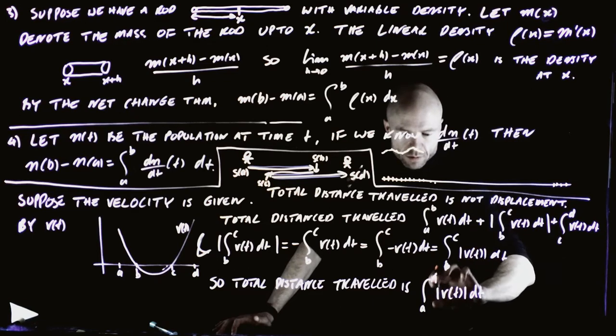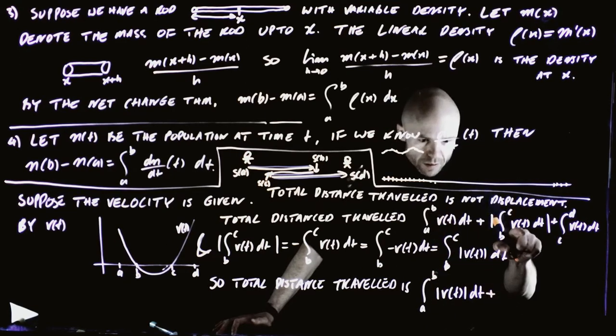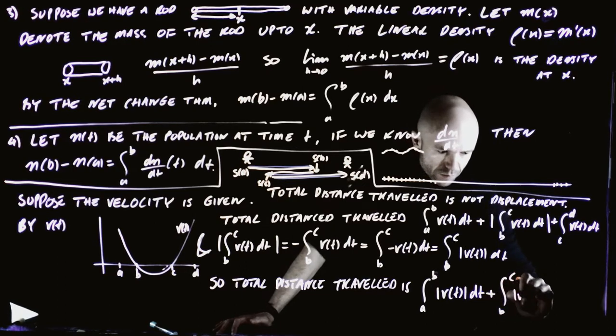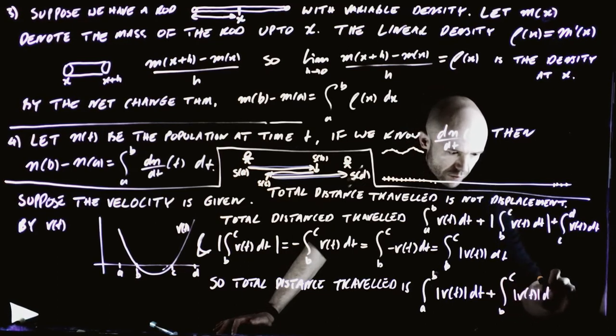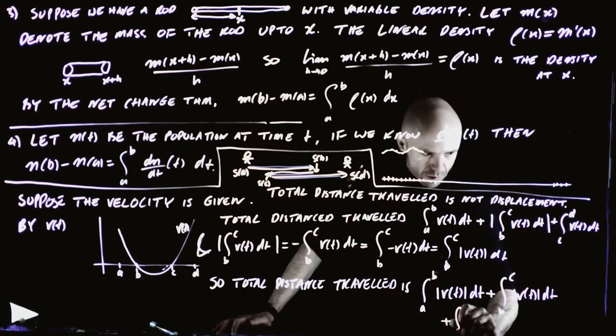If I break this up, it's equal to this, so I'm not changing anything by putting the absolute value around v of t here. We've learned that this thing is this thing, and the final piece is this one. Again, v of t is positive.